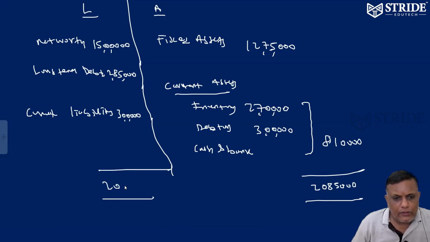Now please check it out here. Has it got tallied now? 15 lakhs plus 2,85,000 plus 3 lakhs is 20,85,000.